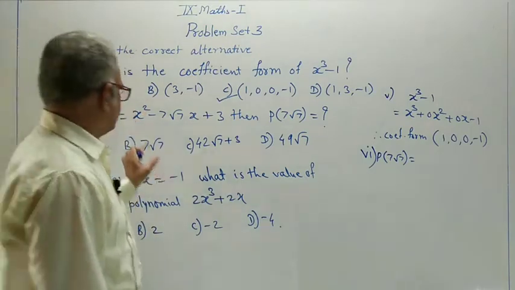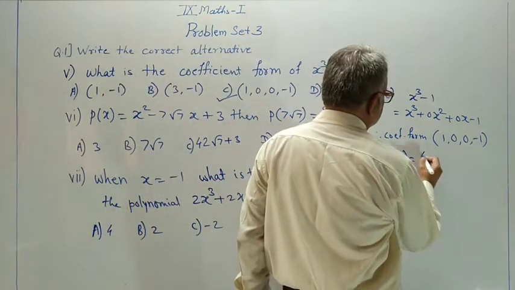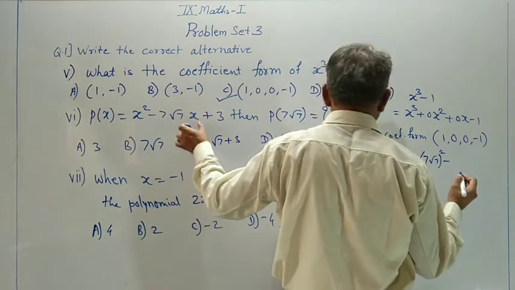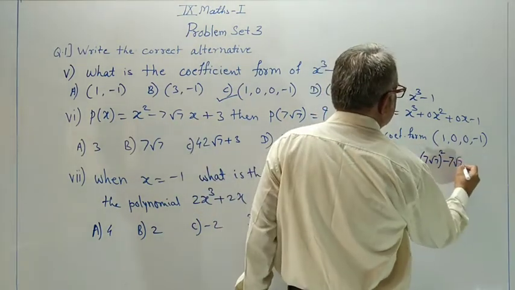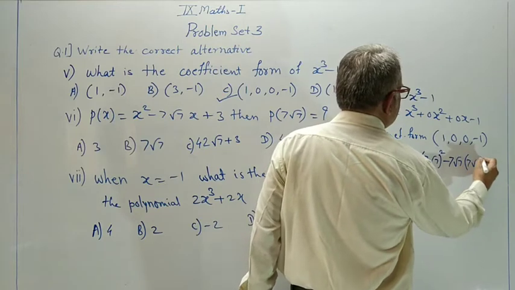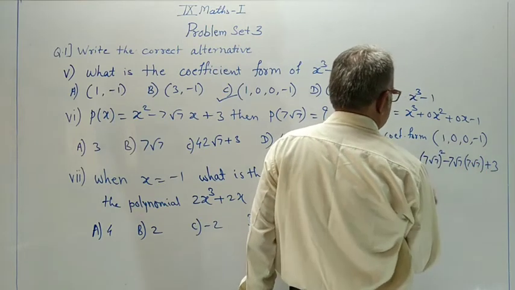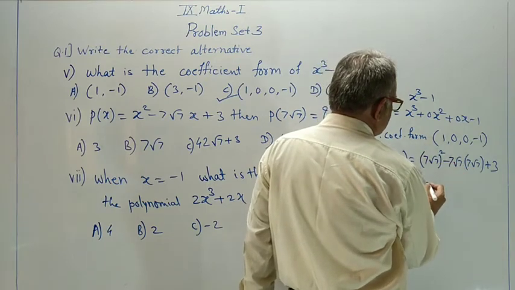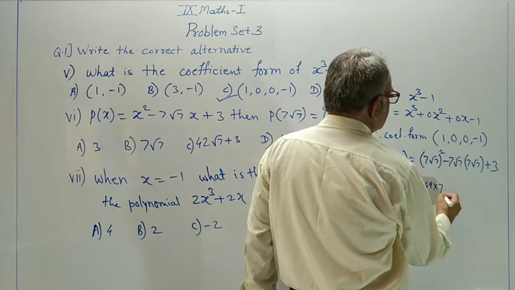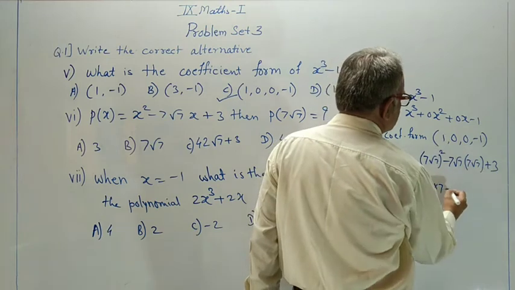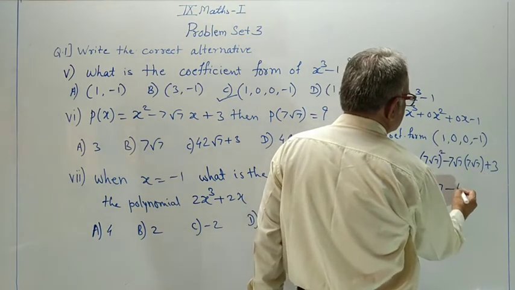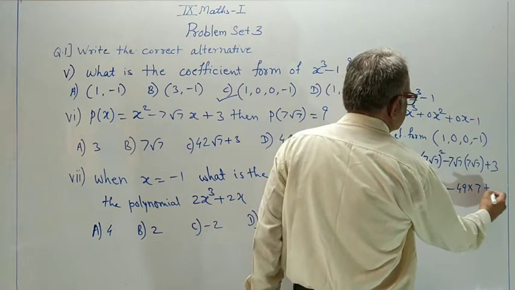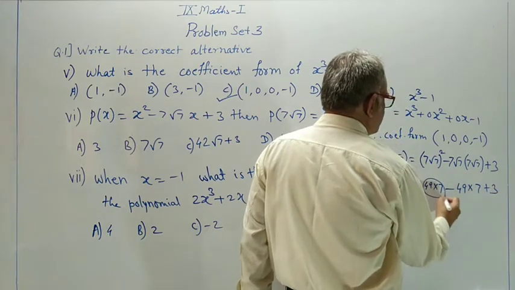X square means 7 root 7 square, minus 7 root 7 x, which is 7 root 7 into 7 root 7, plus 3. 7 root 7 square is 49 into 7, and 7 root 7 into 7 root 7 is also 49 into 7, that is 343.